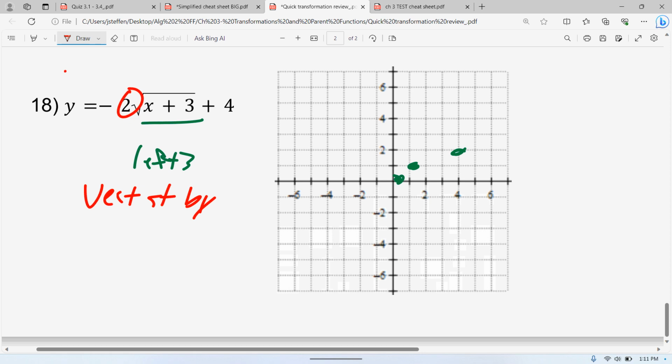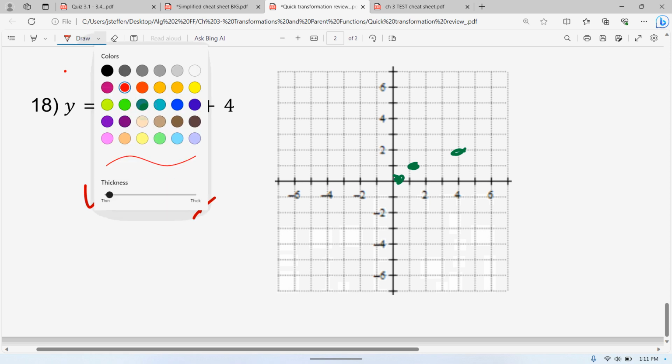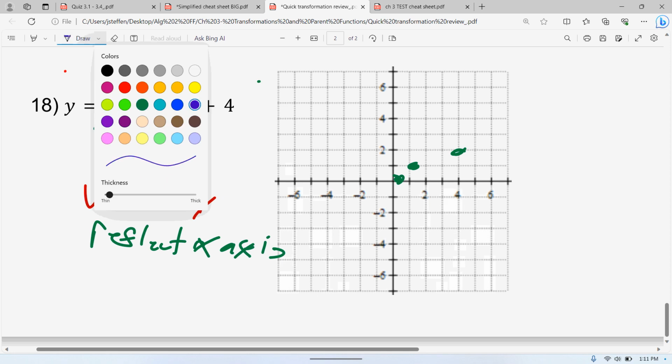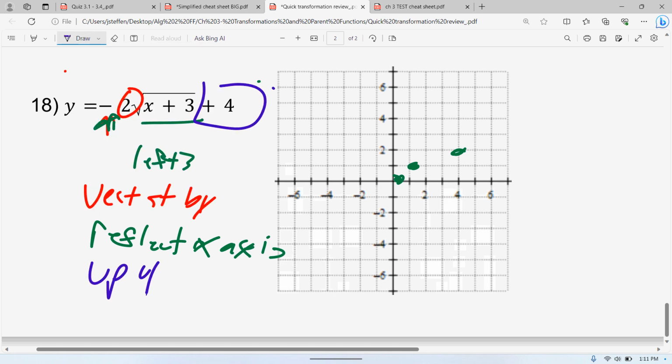The 4 is up 4. So again, you could do that with each one of these. Go to the left 3, 1, 2, 3. Then you could stretch that by a factor of 2. I didn't put that 2 in there, but you could do that. Or I guess I should say you should be able to do that after this review.